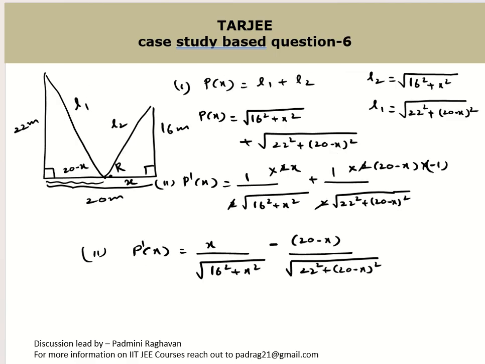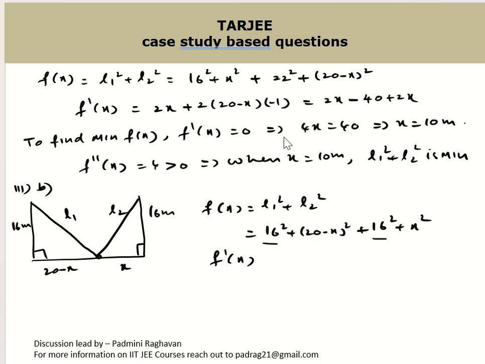So it doesn't really matter whether you have 16 square plus x square or 22 square plus 20 minus x the whole square. The only difference from the other subdivision is that in place of 22 square you have 16 square. When you differentiate, whether it is 16 square or 22 square, it becomes 0.